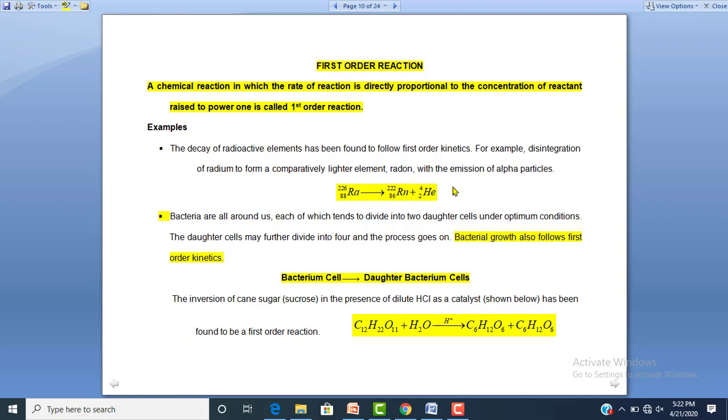This is the example of first order reaction. The growth of a bacterial cell into daughter bacterium cell, this reaction is also first order reaction. Inversion of cane sugar into glucose and fructose is also an example of first order reaction.